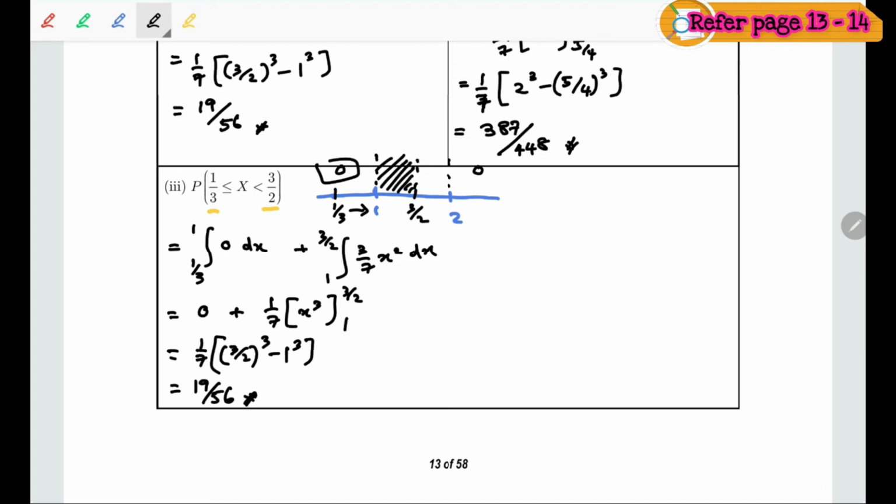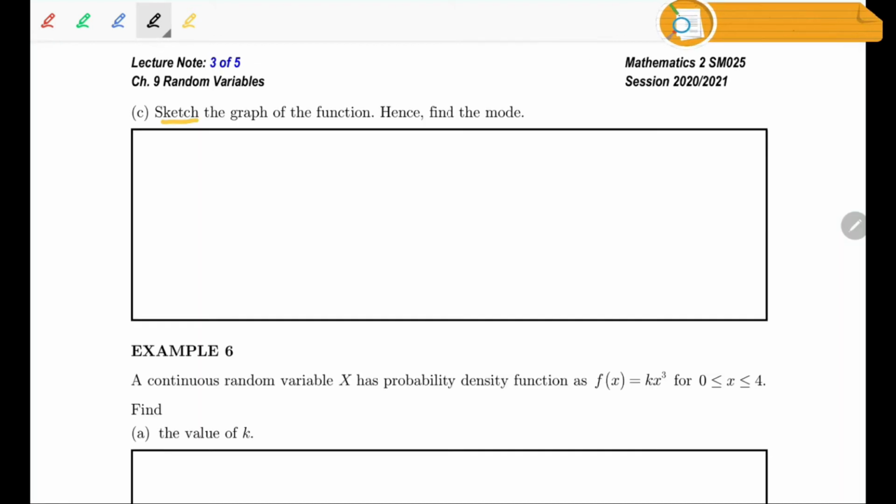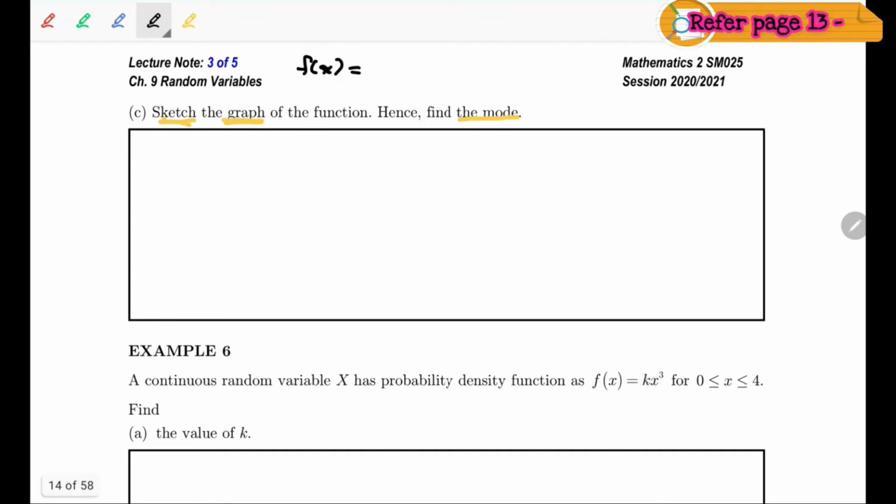We are going to proceed with part C. For part C, the question asks to sketch the graph and hence find the mode. We are going to state the mode by observing the graph. The function given for this example, if we rewrite it here, is f(x) equals 3 over 7 x squared, for x varying from 1 until 2.